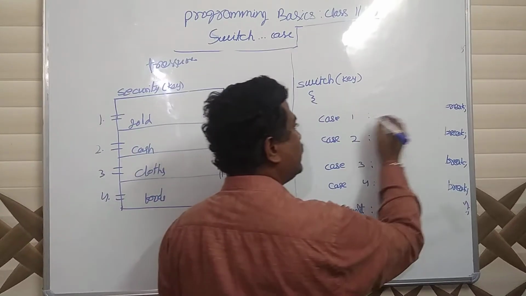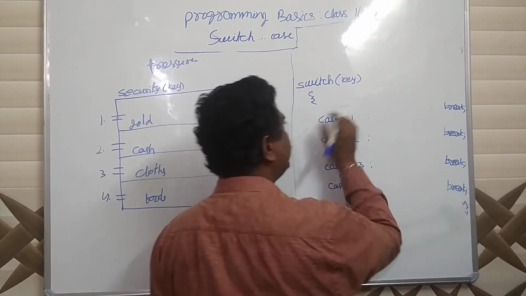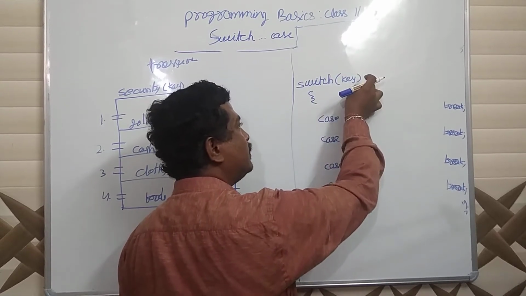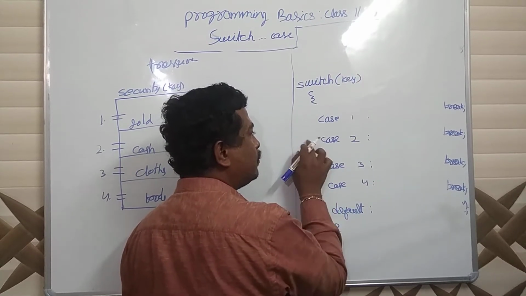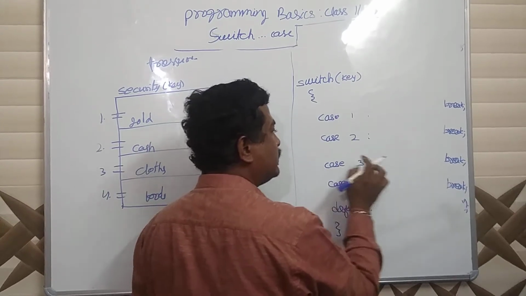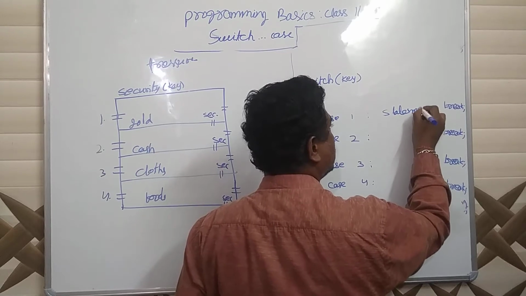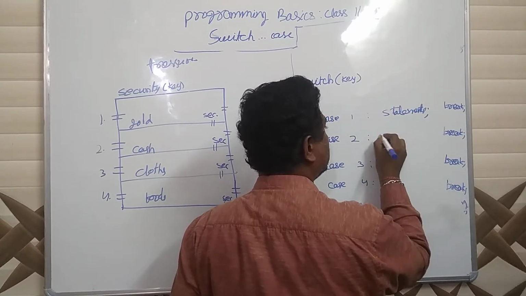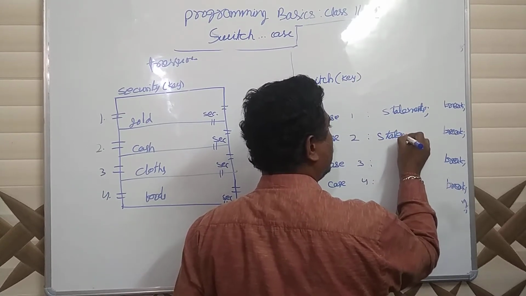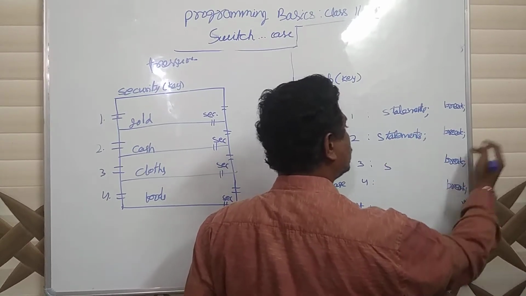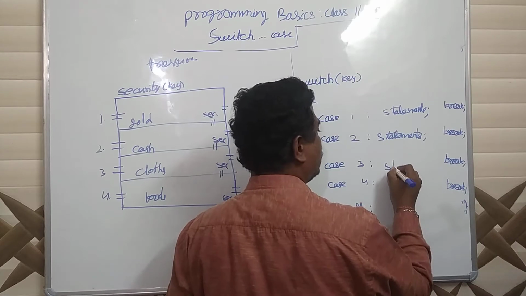So here is the same case: you come with the key, and that key will open one case, and that case's statements will be executed. Then break is there, so you will go out of the switch block.